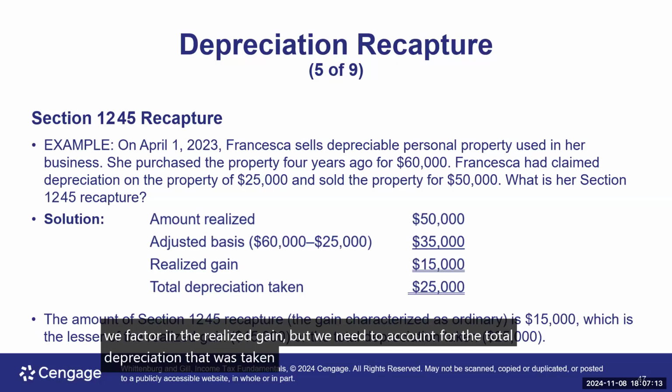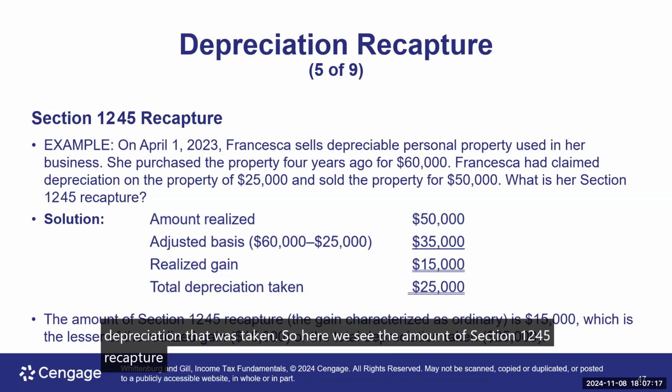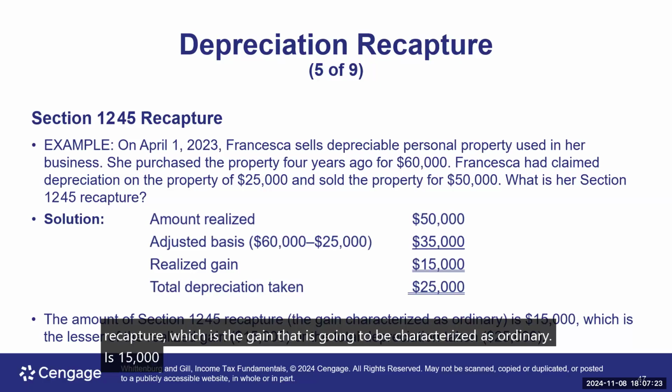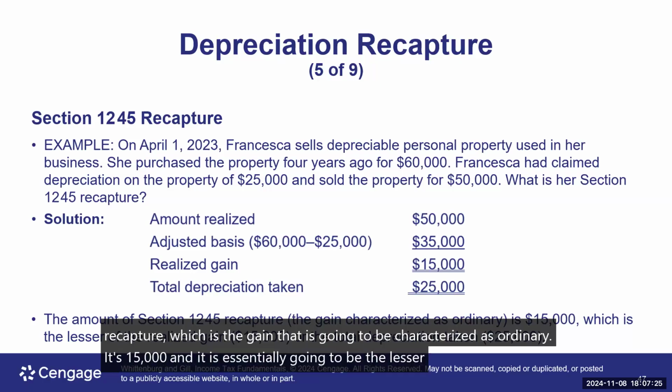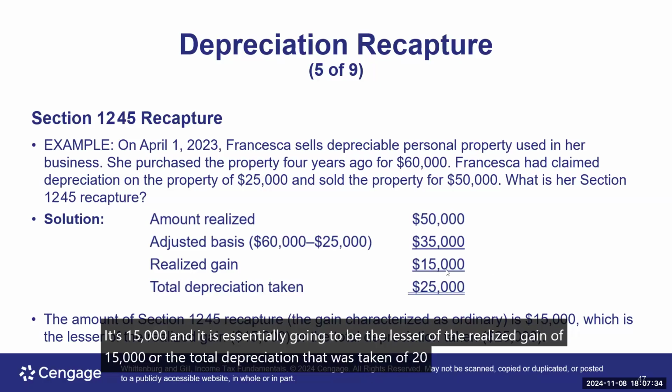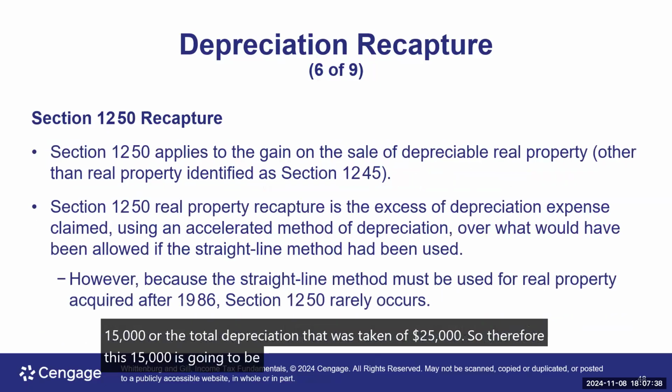So here we see the amount of section 1245 recapture, which is the gain that is going to be characterized as ordinary, is $15,000. And it is essentially going to be the lesser of the realized gain of $15,000 or the total depreciation that was taken of $25,000. So therefore, this $15,000 is going to be treated as recapture.